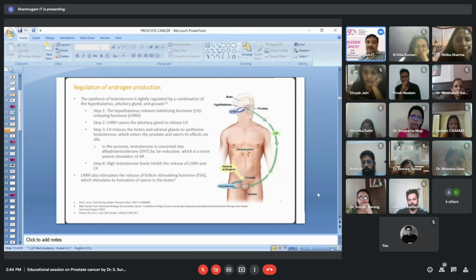The hypothalamus releases LHRH, and LHRH causes the pituitary to release LH, and LH induces the testes and adrenal glands to synthesize testosterone. Whenever we have high testosterone levels, that inhibits the release of LHRH and LH. This is a negative feedback which we will make use of in our treatment options.